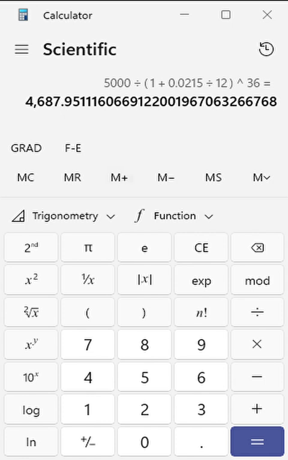Maybe you guys get 4687, that's not right. When you round, if the digit is greater than or equal to 5, you round it up. If less than 5, round down. This is greater than 5, so round up.